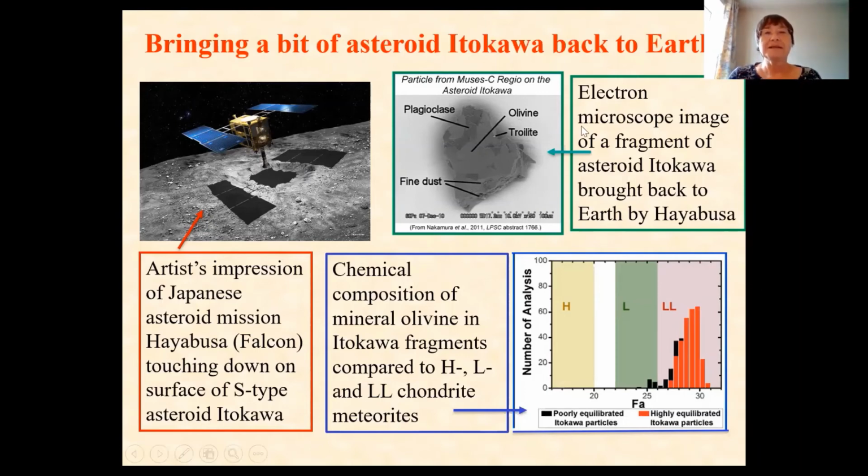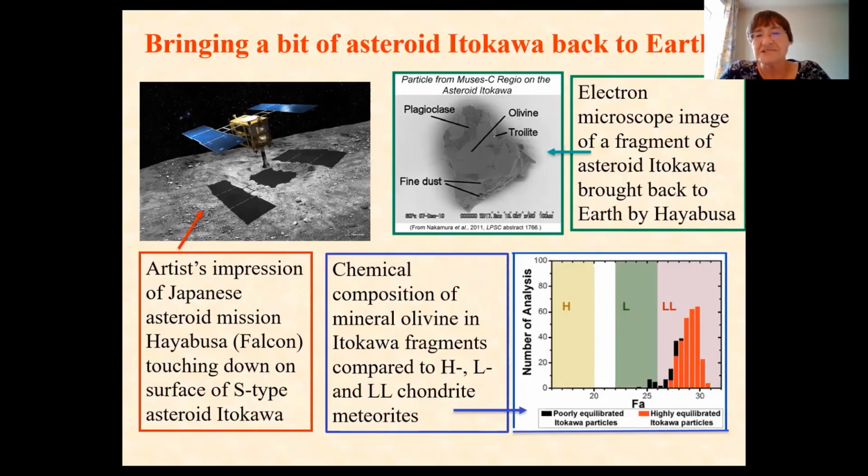So up in the middle, this grey image in the middle is a particle from Itokawa. This is an electron microscope image again. And once again, we can see the mineral olivine. So we know that there's lots of olivine on asteroid Itokawa. And in fact, they were able to do this other thing with an electron microprobe, in which in the bottom right-hand corner, they've shown us the olivine composition, and it's just described as the amount of Fa in the olivine, so we don't need to worry about what that means.